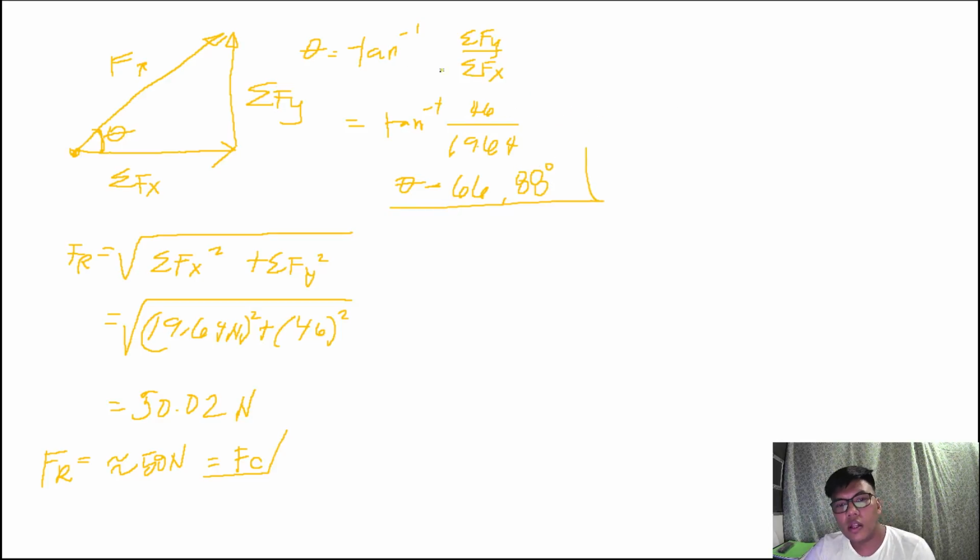So kukunin natin ngayon yung direction ng ating F sub C kasi nakuha na natin yung magnitude niya eh. So kung nasa 66 degrees siya, ito yung iyong nakuhang theta, diba? So ito ngayon yung magiging direction ng ating F sub C. Ito yung F sub R mo, diba? So basically ito lang din yung F sub C mo, magnitude same, and yung direction opposite. So this is also equal to theta.